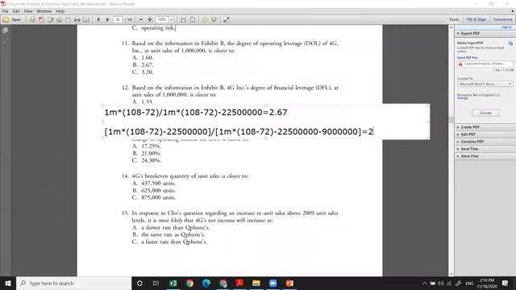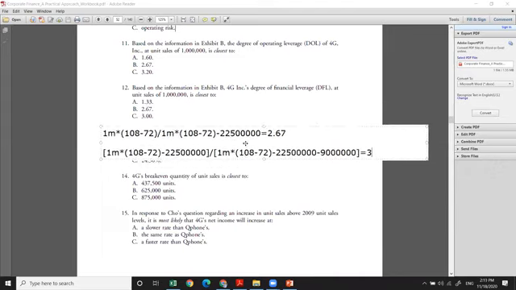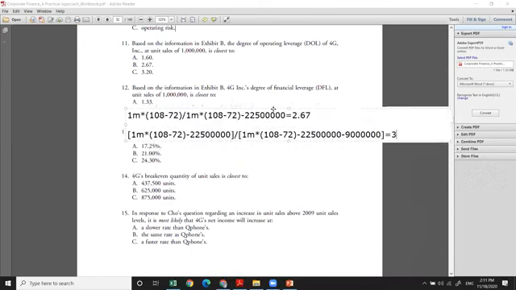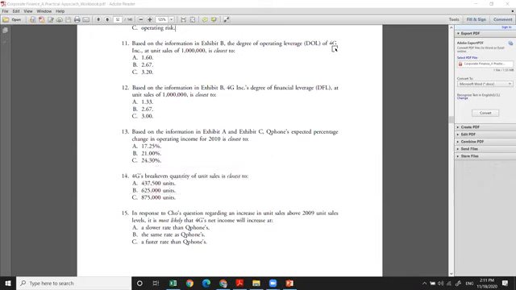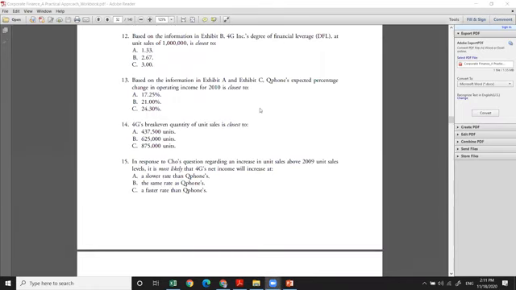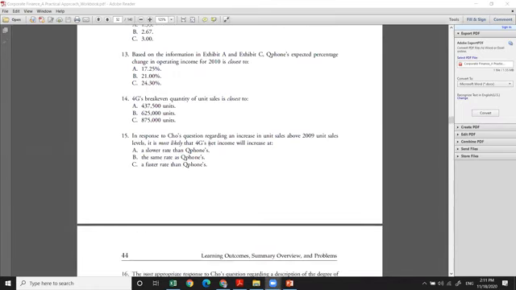If you calculate this all, you should have come up with 3. Okay. Just straightforward, directly putting everything into formulas.